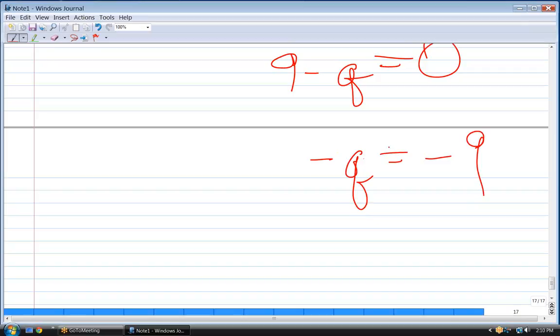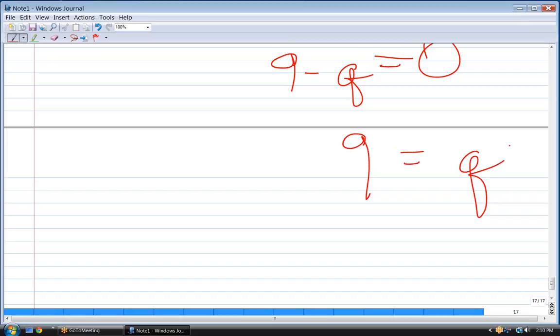I have to divide both sides by minus 1 in order to get q equals 9. So you force me to do 2 steps. Well, I can solve this in 1 step. What do I need to do to solve it in 1 step? Add q to both sides.